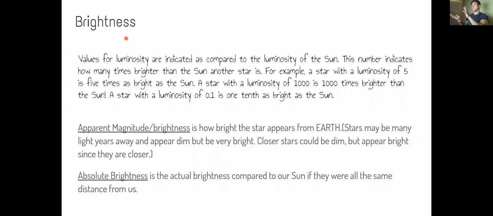If a star has a luminosity of 5, that means 5 times as bright as our sun, just like the size. A star with a luminosity of 1,000 is 1,000 times brighter than our sun. Same thing.